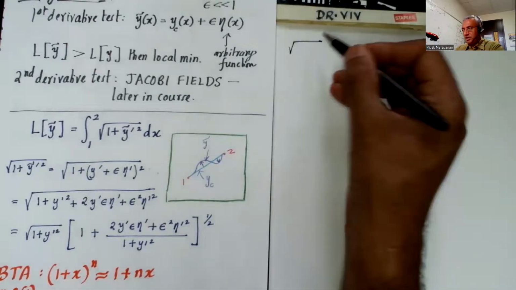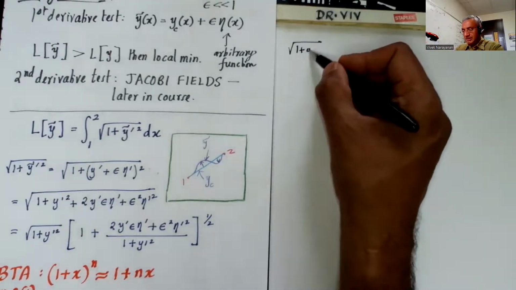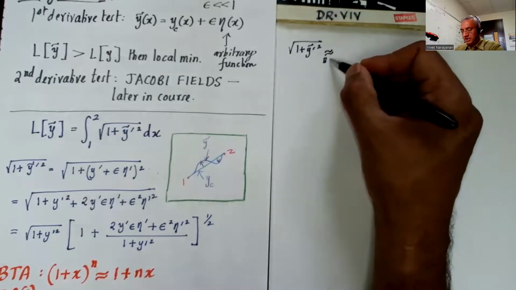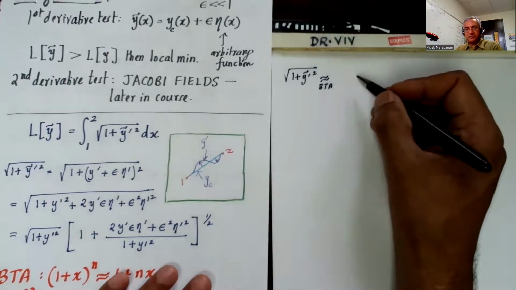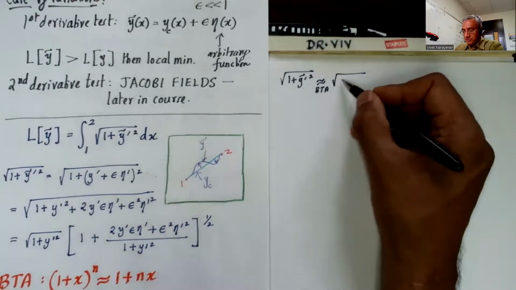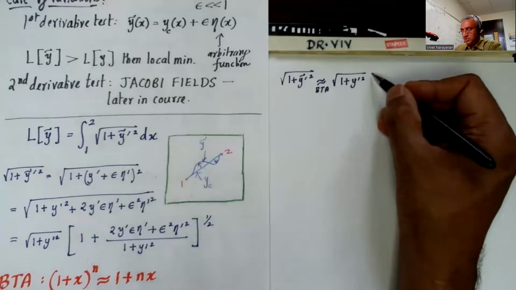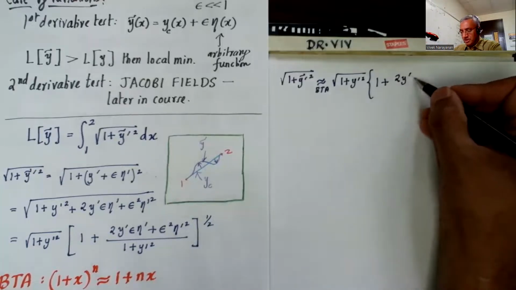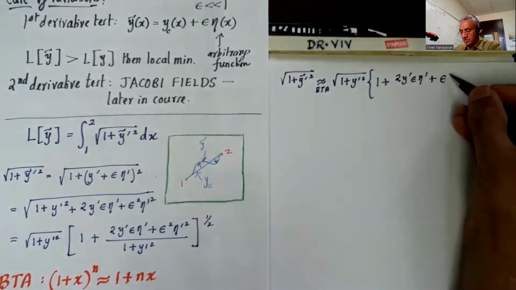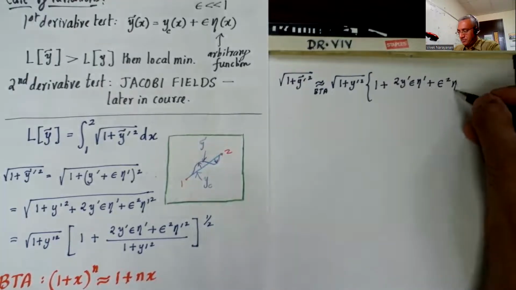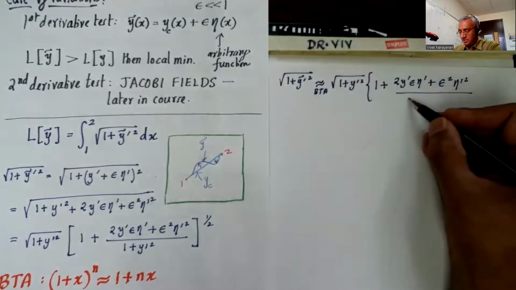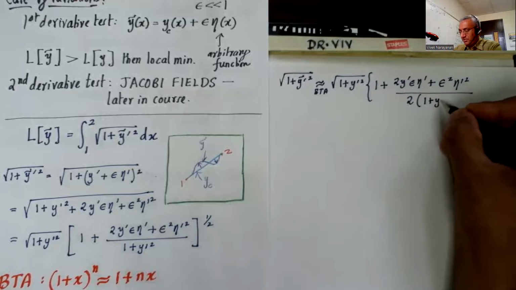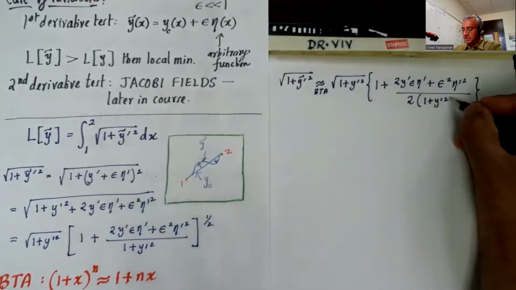So the calculation is 1 plus y tilde prime squared is approximately equal, and here I'll put BTA because I'm using the binomial theorem approximation, to the square root of 1 plus y prime squared times 1 plus 2y prime epsilon eta prime, the numerator, divided by n, which is half, so I'll put the 2 downstairs, 1 plus y prime squared. And so that's our nice looking result.